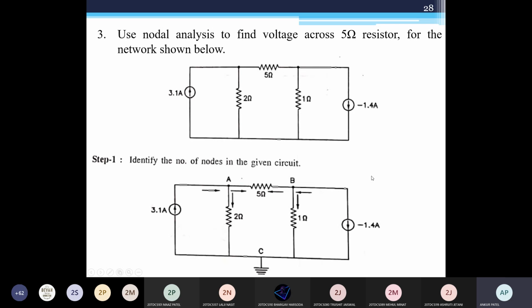Now we have to apply KCL at node A and node B. At node A, you have to consider where it is connected. Node A is connected to this and this, so you have to apply KCL. Suppose this node is connected first to this branch, then what is the equation?